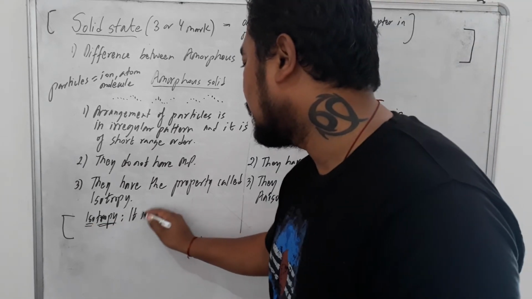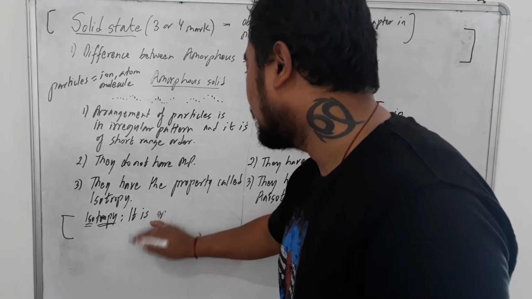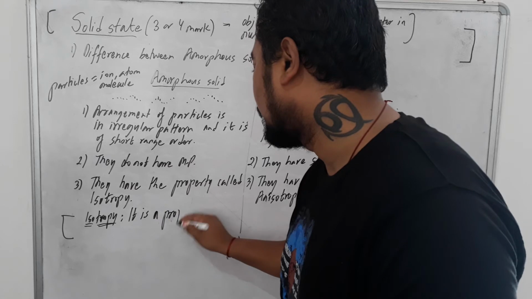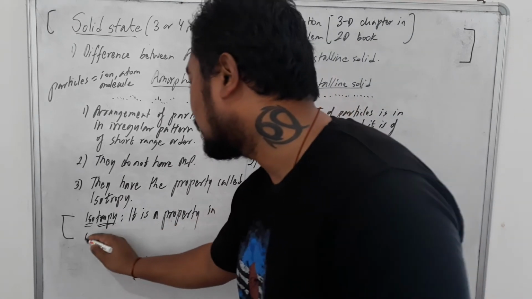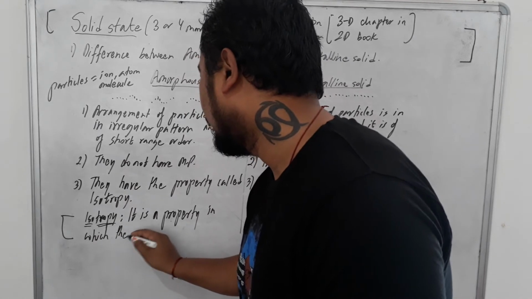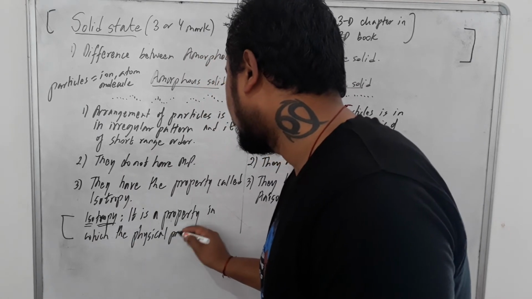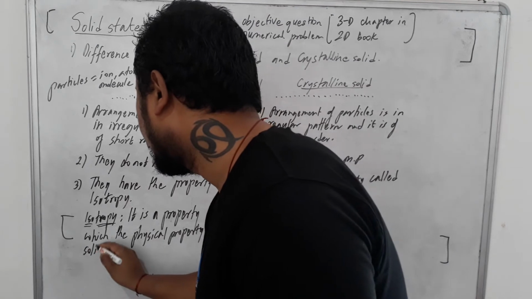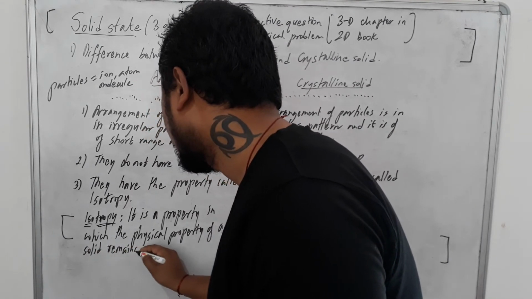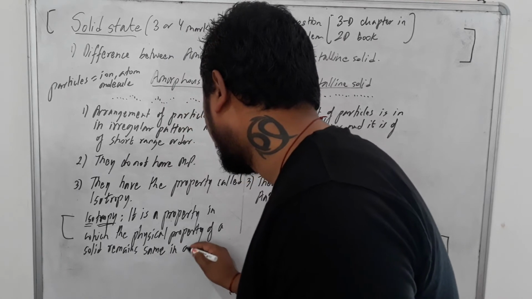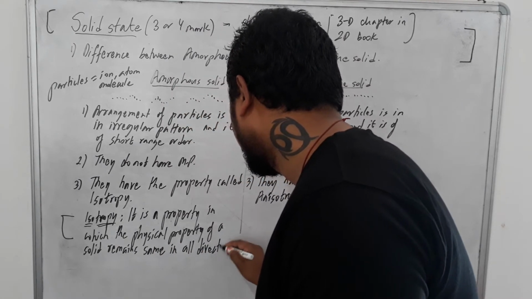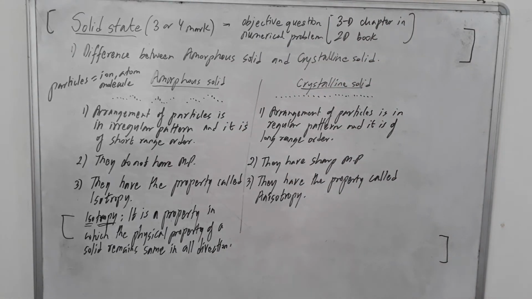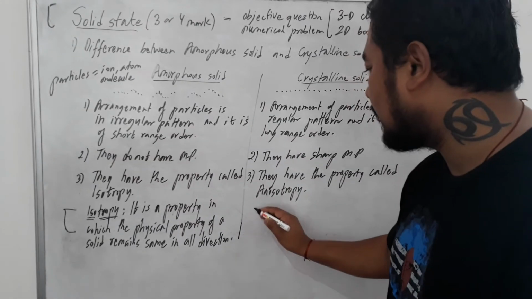So isotropy is a property in which the physical property of a solid remains the same in all directions. Now let us see what is anisotropy.